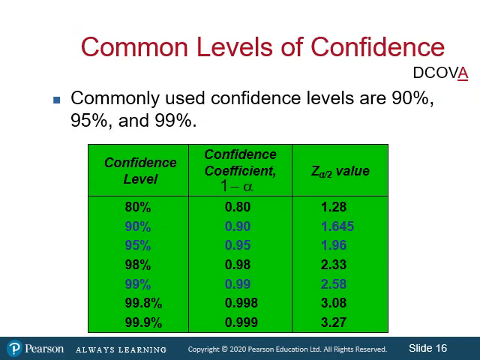The common levels of confidence used in many statistics books are 80%, 90%, 95%, 98%, 99%, and so on. But most of the time in our classes we'll be using 90%, 95%, and 99%. For 90%, the table value is 1.645. For 95% it is plus minus 1.96. And for 99% it is plus minus 2.58 or 2.576 from the table.